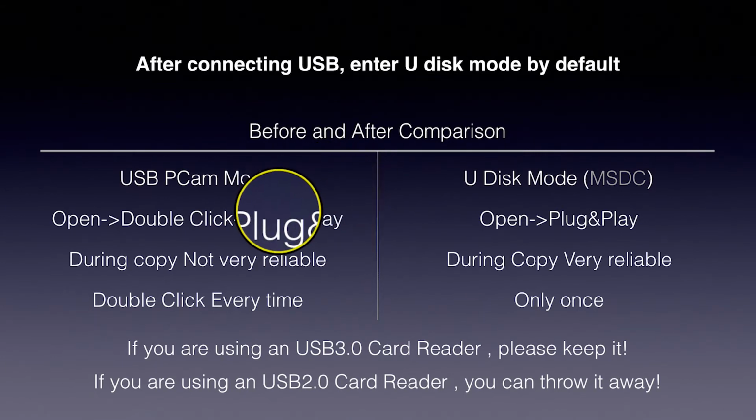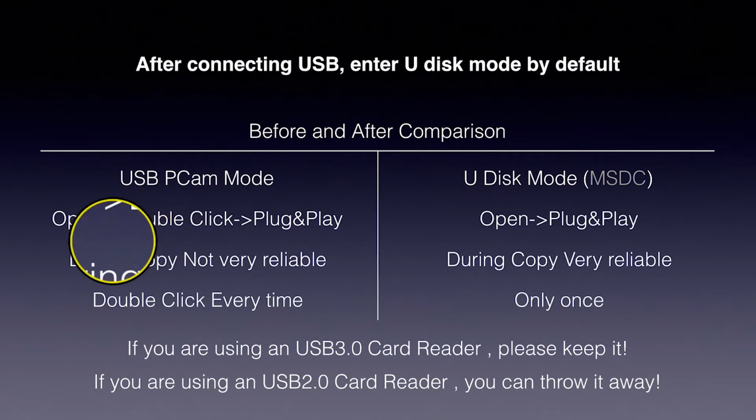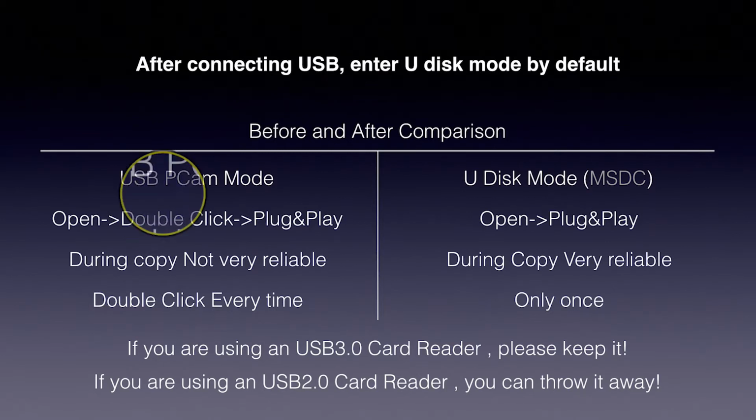There are some problems with that. The first one is that when you are copying very big files, it's not very reliable. For example, on my Mac, when I copy the videos from the camera to my Mac, it's not very reliable. And once you disconnect the cable, the QooCam will automatically cancel the UDisk mode.